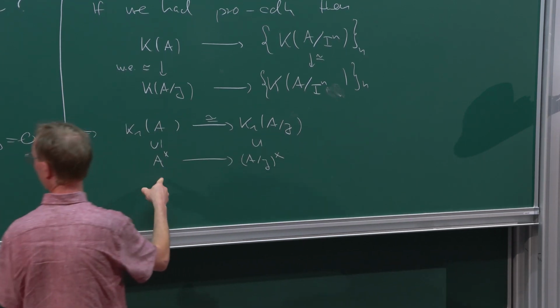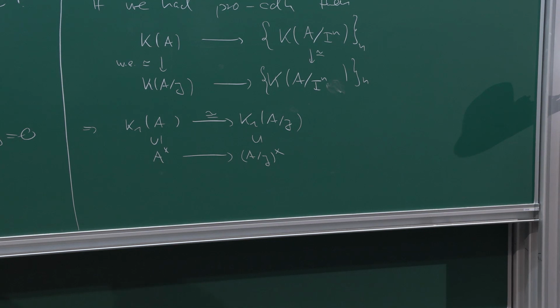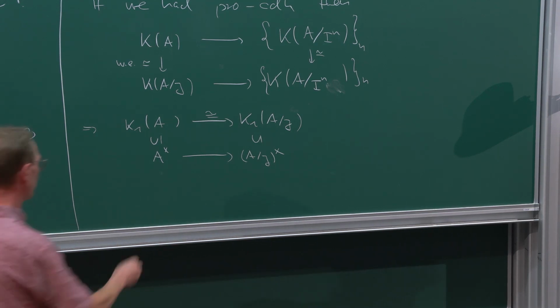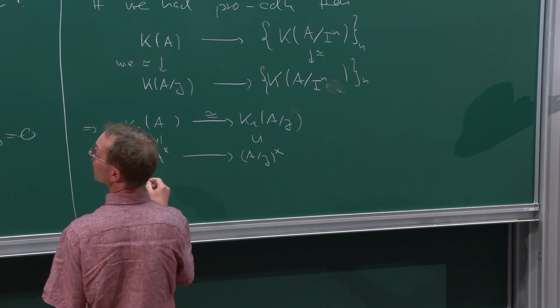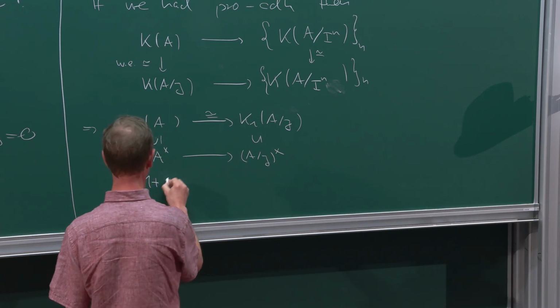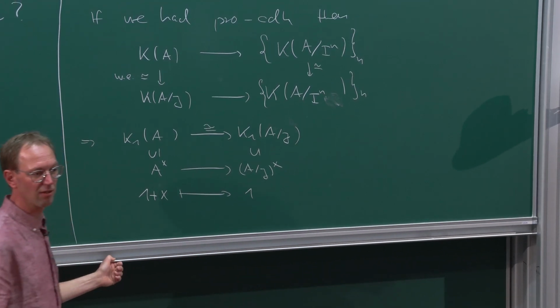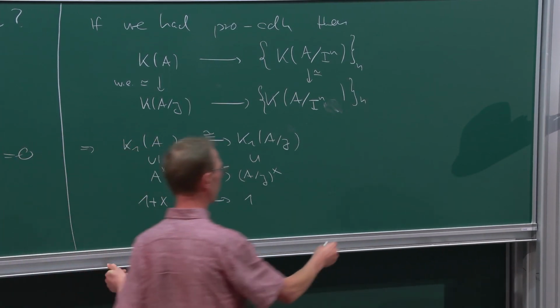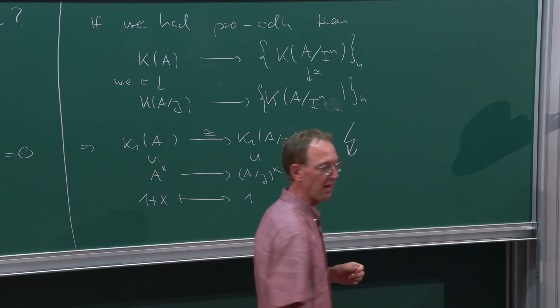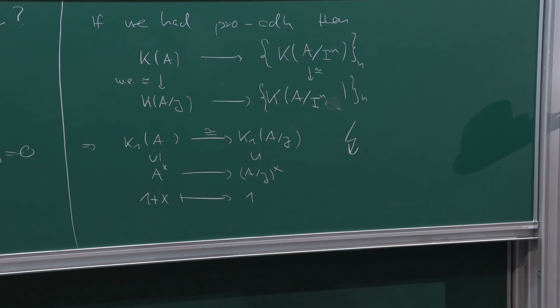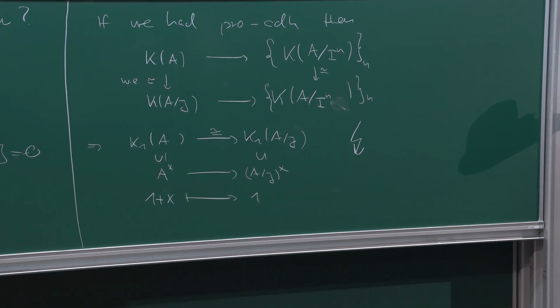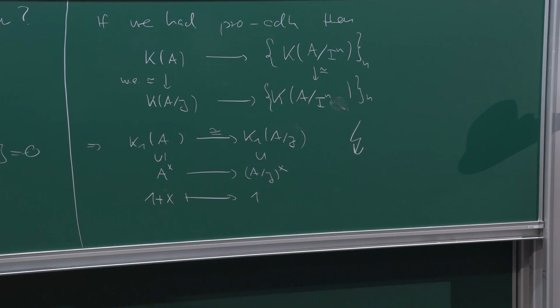But now we observe that this x was nilpotent, so we can just write down a unit 1 plus x, which maps to 1 here, and x is not equal to 0, so this is a contradiction. Okay, so you see this Noetherian assumption is really somehow important to obtain these theorems.